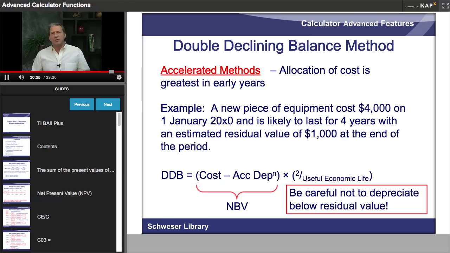It's likely to last for 4 years with an estimated residual or salvage value of $1,000 at the end of the period. So double declining balance is cost minus accumulated depreciation. So each year it uses the net book value and then multiplies it times really twice the straight line percentage or fraction.